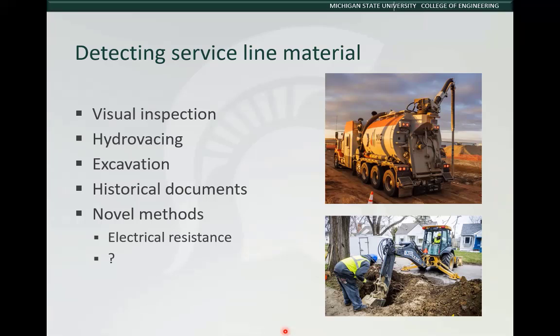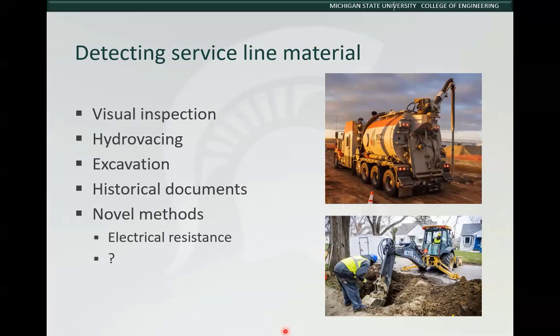So visual inspection isn't necessarily going to tell you what that service line is made of. So then we can do hydrovacing, and basically what you do there is you use kind of like a pressure washer to remove the soil, and you can visually inspect, but again, you're really just looking at that particular area, typically around the curb stop.